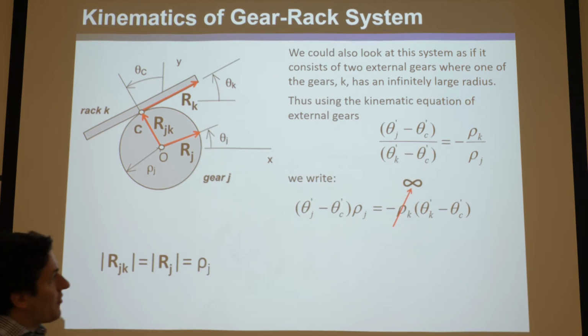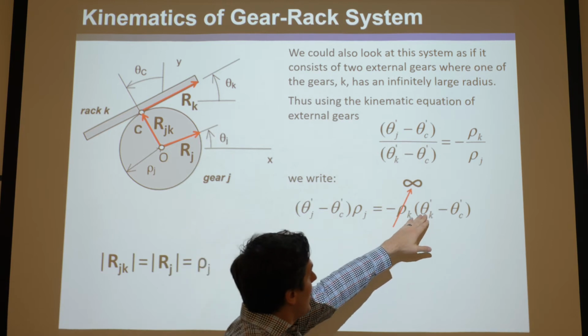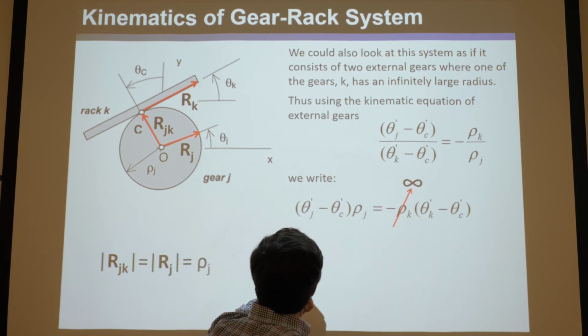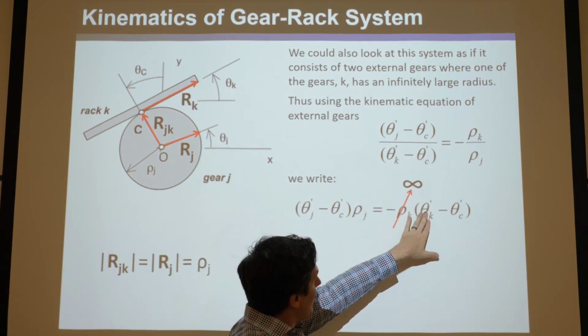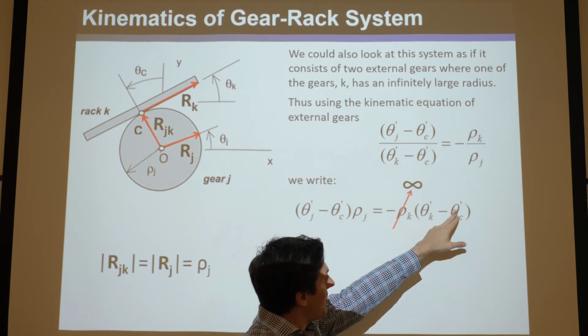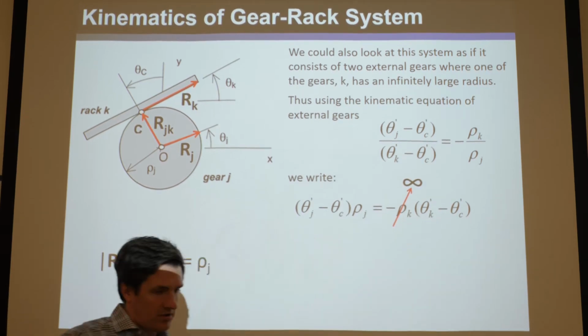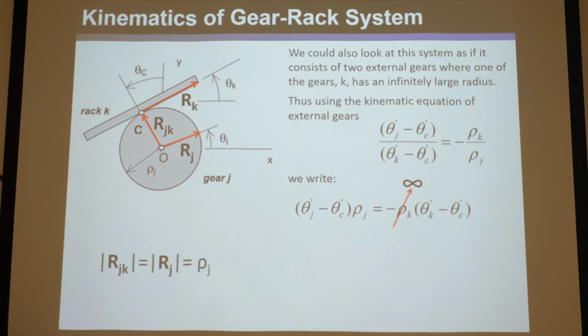And remember, for the rack and pinion scenario, theta k prime and theta c prime are equal. Okay, they have the exact same angular velocity. The rate that they change with respect to the input is the same. So those will cancel, and you might as well just write this as theta k prime.